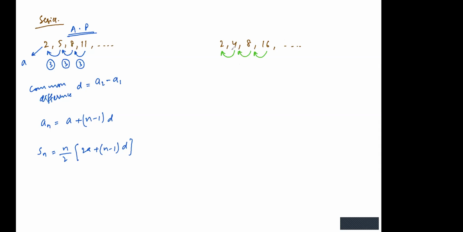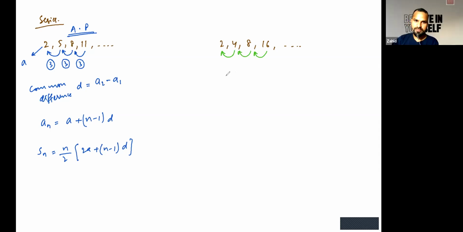Now, if you take the ratio between any two consecutive numbers, 4 divided by 2, 8 divided by 4, 16 divided by 8, the ratio of each consecutive pair of this sequence is constant. So we call this the common ratio.